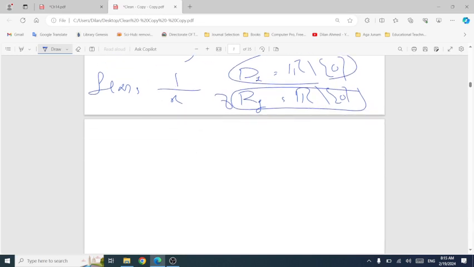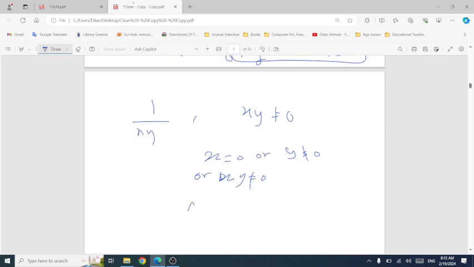So we say what? Because I have x, y, I say x, y should not be 0. Am I right? What do you mean? It means that x should not be 0 or y should not be 0 or both. Right? X multiplied by y should not be 0. That is, (0, 0) is not in the domain of this function z. And 0 and y, what do you mean by 0 and y?